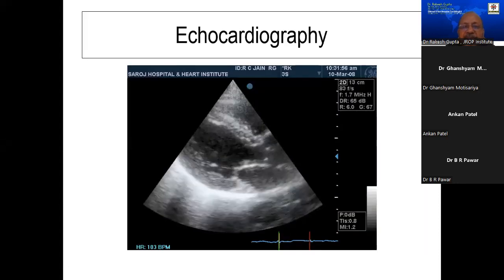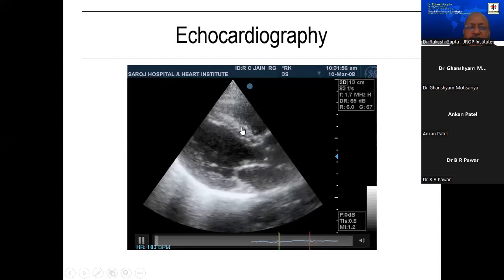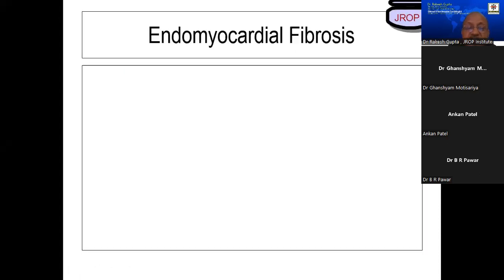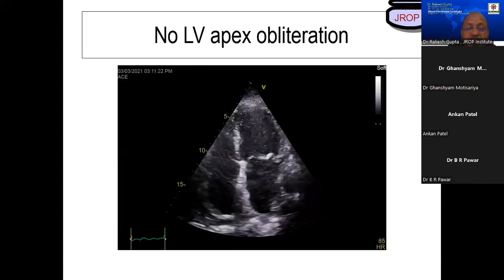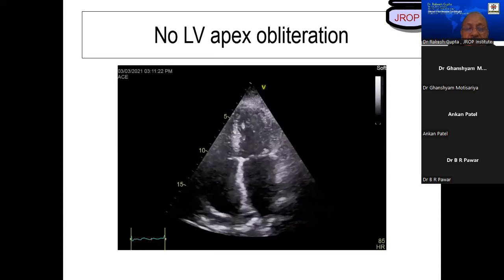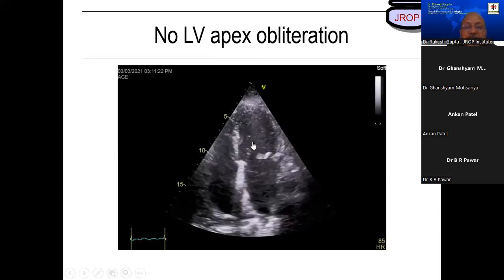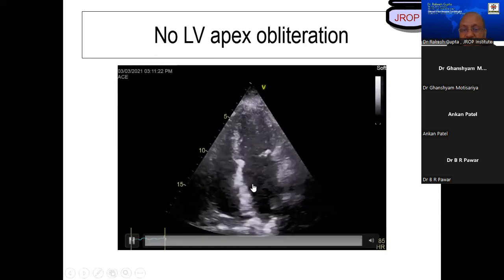The next question comes as amyloidosis. Amyloidosis is not rocket science, but you look at this amyloidosis versus the previous picture of restrictive cardiomyopathy.